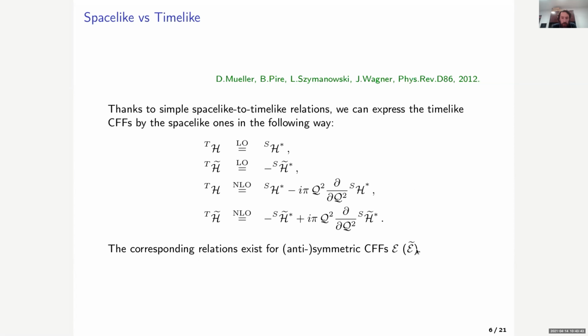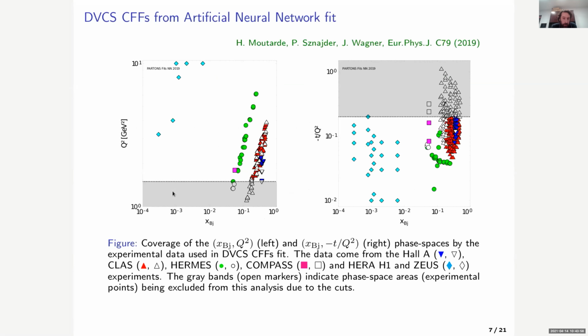So if you know those relations, and if you by accident know the Compton form factors from DVCS, you can predict, without any modeling and any further assumptions, the Compton form factors of TCS. And we have such Compton form factors for DVCS, which were fitted using artificial neural networks, using PARTONS software not long ago.